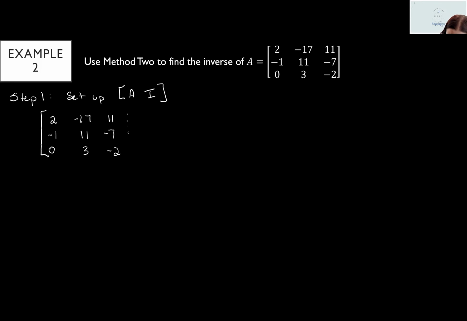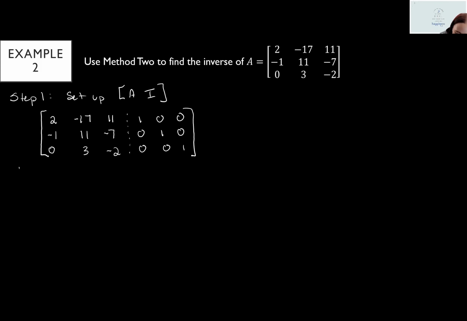And then you're basically putting the identity after it. And so you end up with 3 rows and 6 columns. So it's going to be long, and being organized is very, very important here. I'm just adding myself some extra slides just so that I have enough room for everything that I'm about to do.